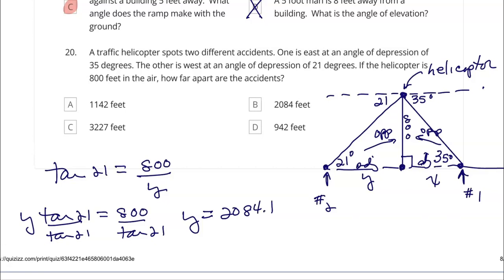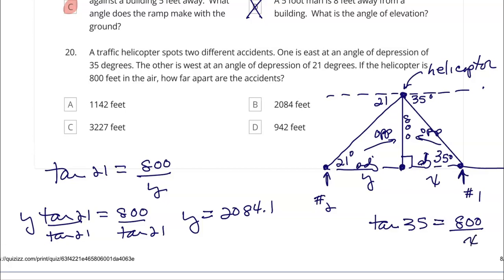And then do your other problem to get x. I'm going to say the tan of 35 equals 800 over x. So it's a two-step problem again. Okay, change this to my x.